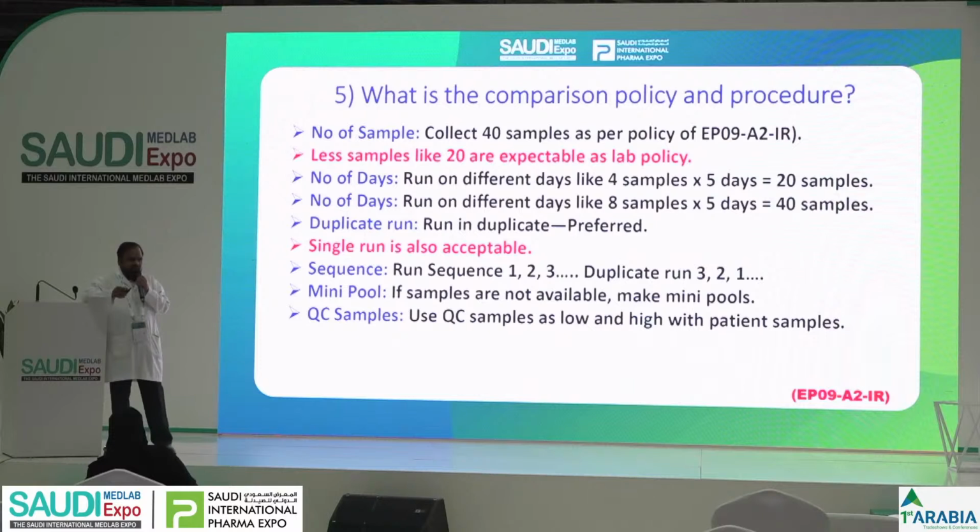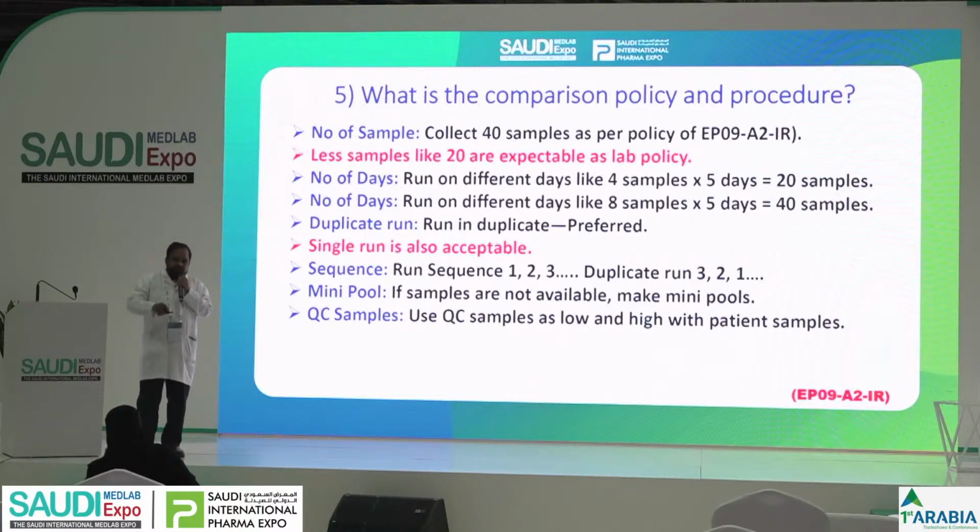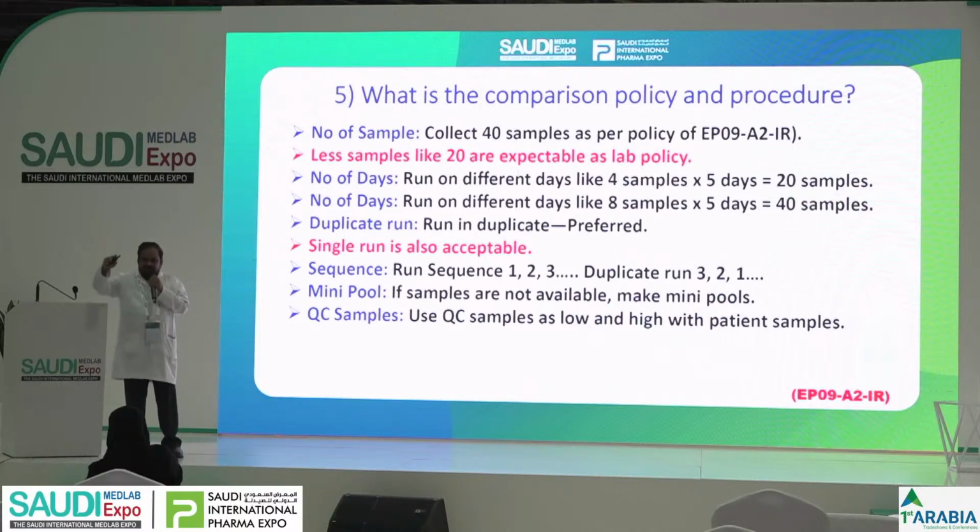Because every day there will be new calibration, maintenance, and quality control, so all these errors will add up in your final result. If you do it in only one day, only one day's error will be there. And when you start real patient samples, you have a problem and you don't know where to go. So the comparison study must always be done over at least 4 to 5 days with the 20 samples.